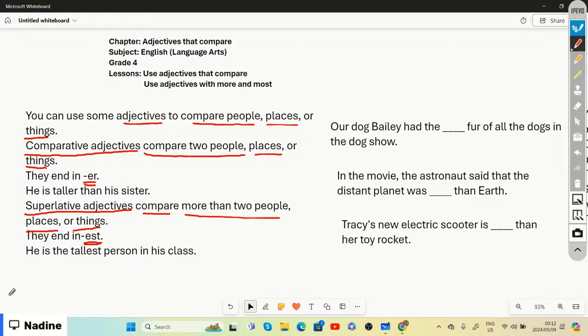If we look at an example of a comparative adjective that compares two people, places, or things, it says, he is taller than his sister.